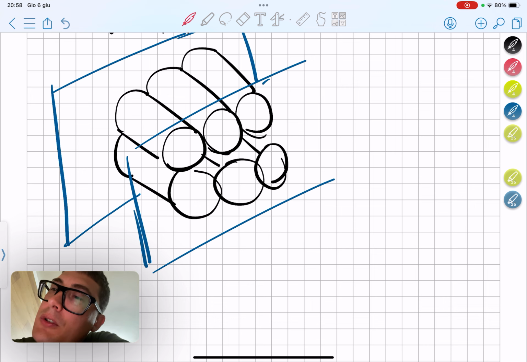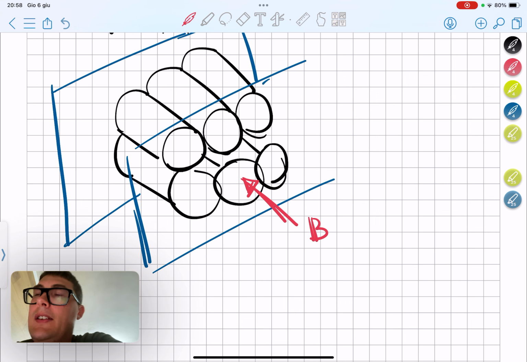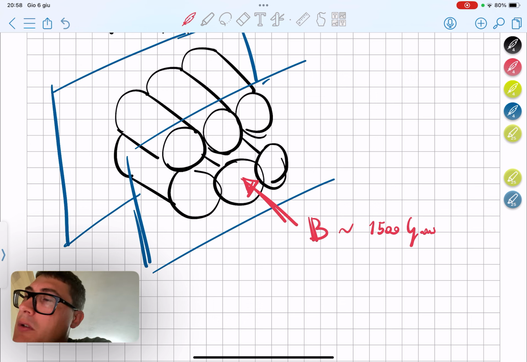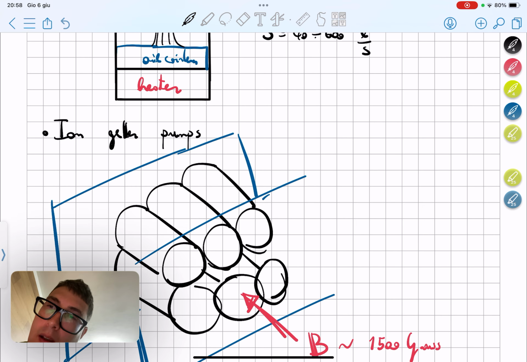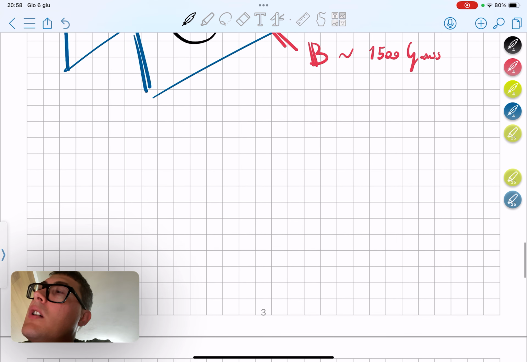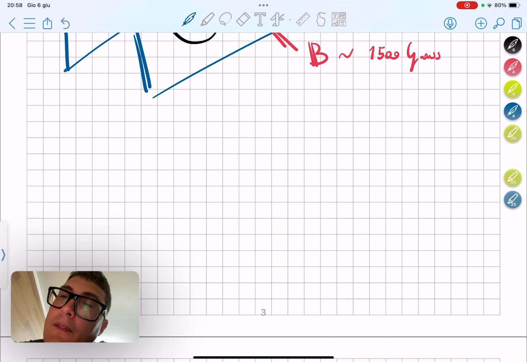There is also a magnetic field, which is pointing in this direction, I would say 1500 Gauss, something like that. And if we make a cross-section of these ion getter pumps, what I will see is something like this.